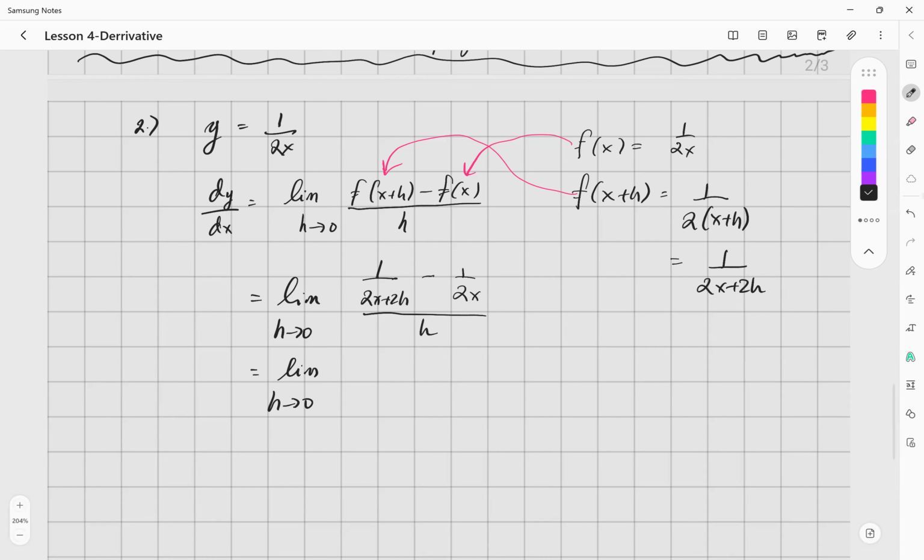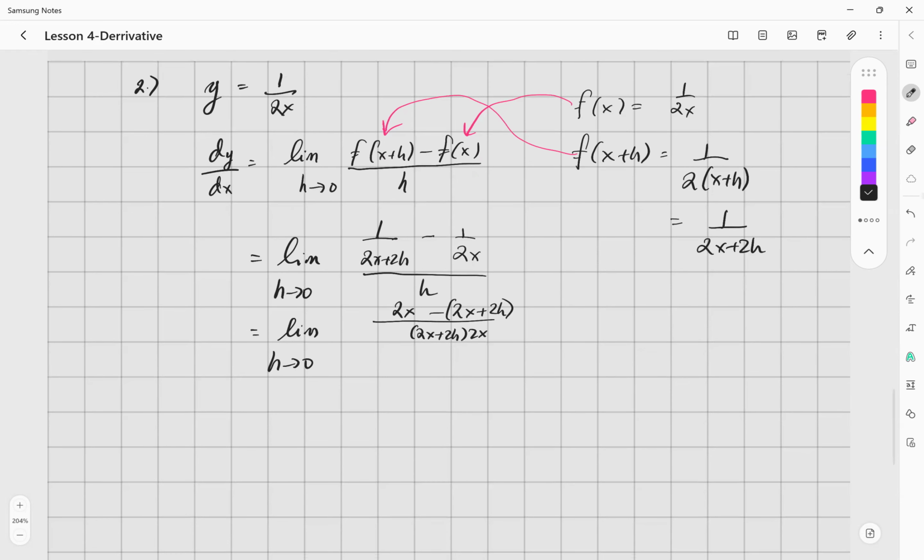Then if you take the common denominator of that, which is 2x times 2x plus 2h, you have 2x at the top minus 2x plus 2h over here, right? Okay, so this is what you have.